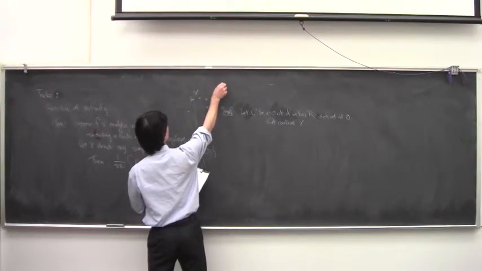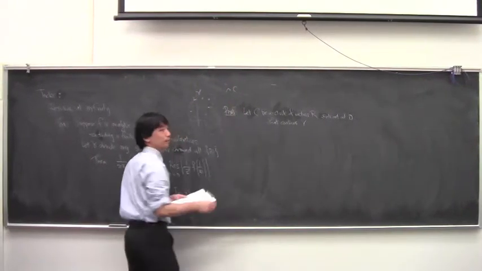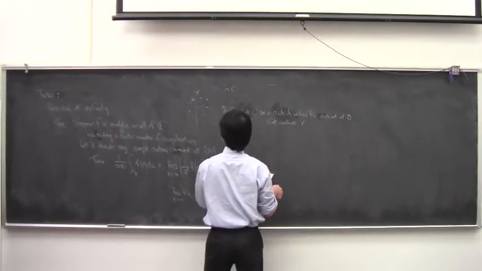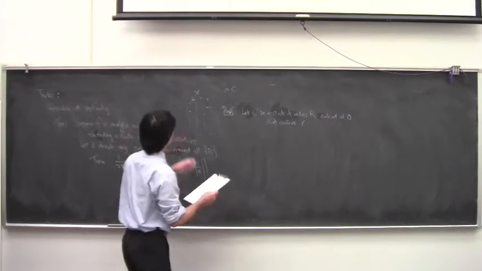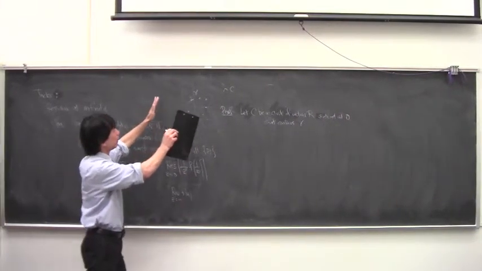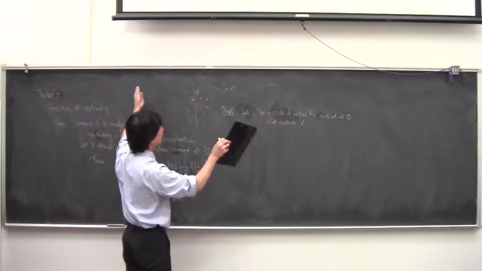So you take some circle C that goes around everything. And you know that f is analytic outside here, since these are the only singularities.